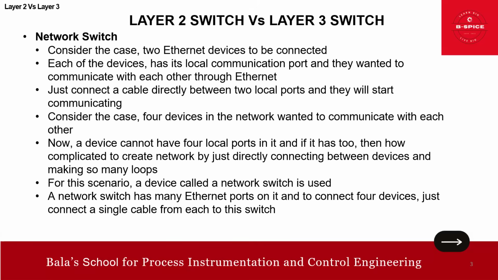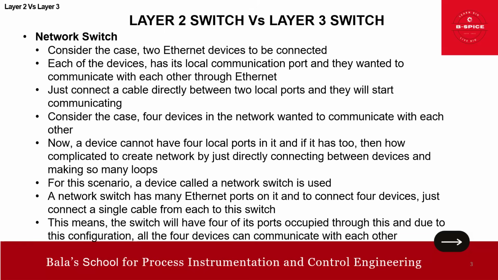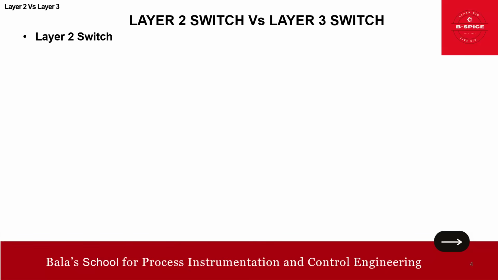A network switch has many Ethernet ports on it. To connect four devices, just connect a single cable from each to this switch. As simple as that. The switch will have four of its ports occupied, and due to this configuration, all four devices can communicate with each other. This is the very simple configuration of a network switch.